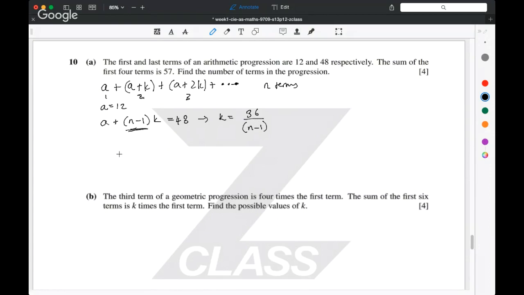And now we know that the sum of the first 4 terms is 57. So if we look in our formula booklet, we find a formula for the sum of the first 4 terms. And it's going to be 1/2 times 4 times 24 plus 3k. And we're told that this is equal to 57.